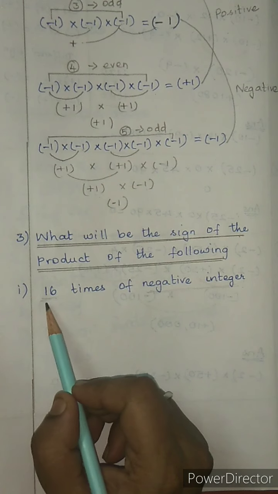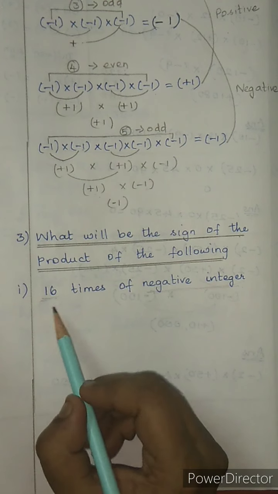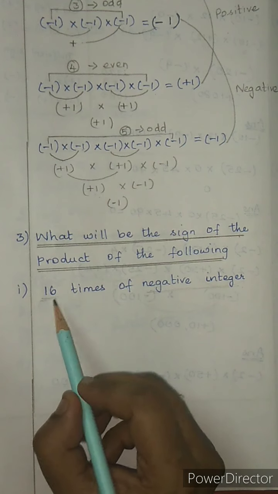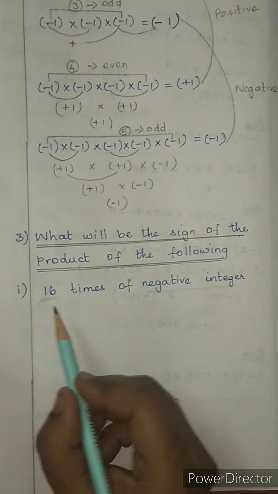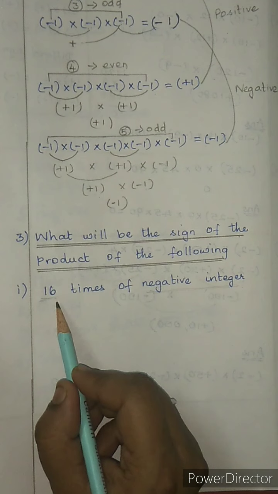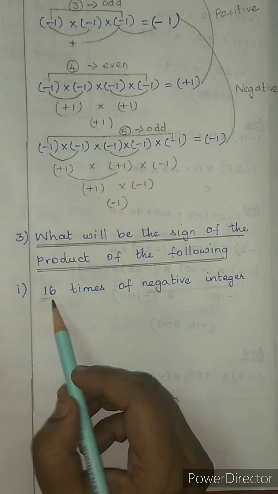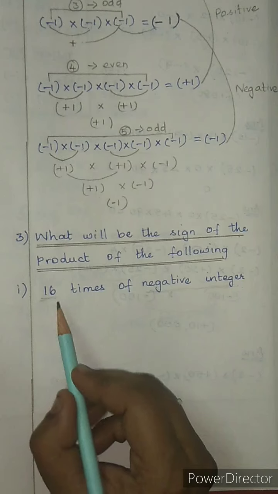Check whether the number 16 is an even number or an odd number. Hope you all know about even numbers and odd numbers. If a number is divisible by 2, we say those numbers are even numbers. Isn't it? Can we divide 16 by 2? Yes, we can divide 16 by 2.